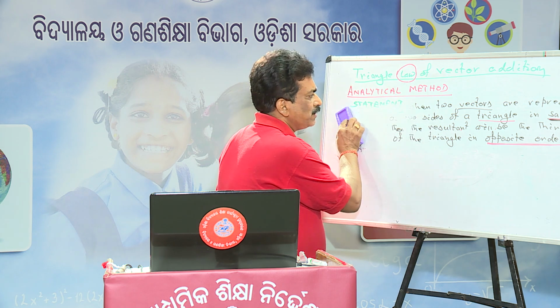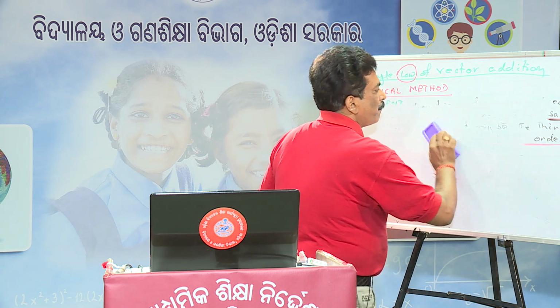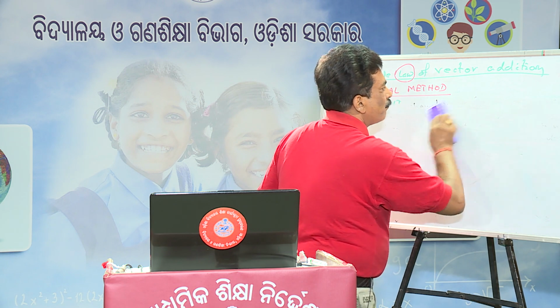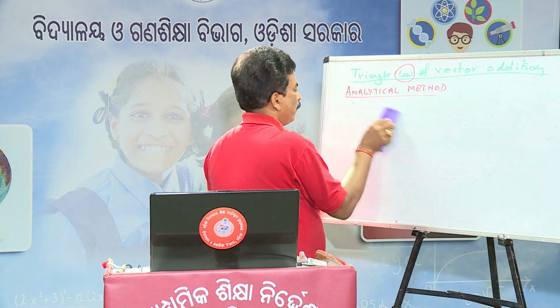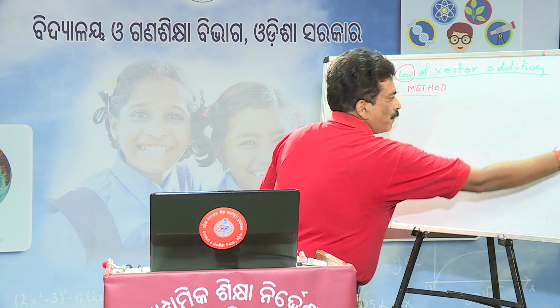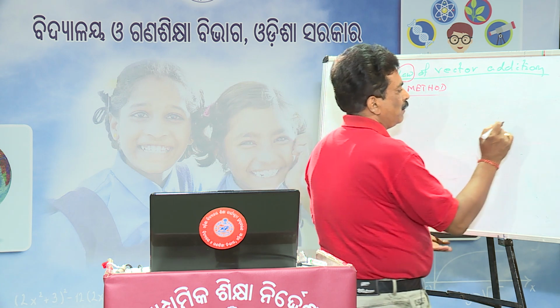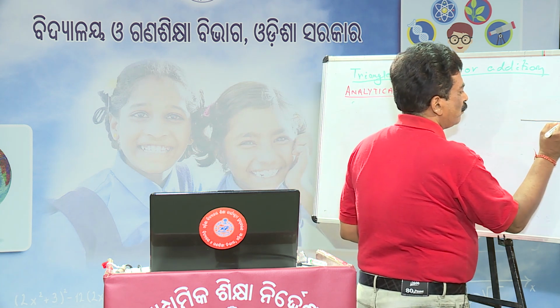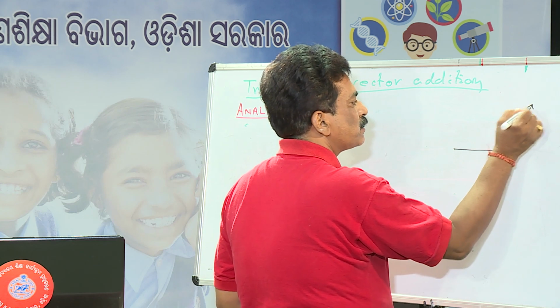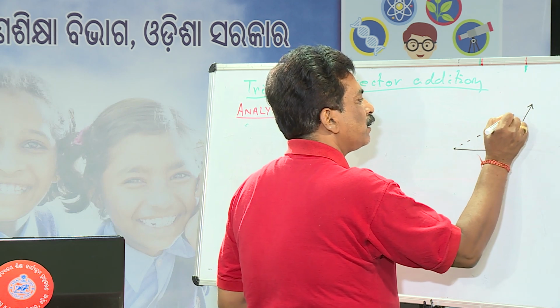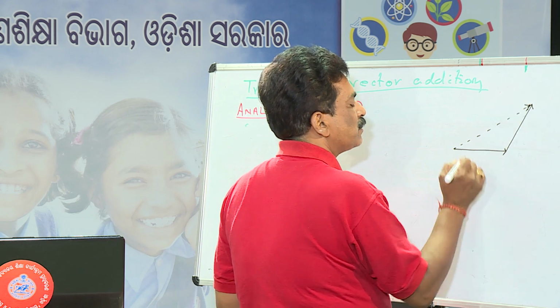So, I am erasing this one. For the analytical method, this is one vector, this is the second vector and this is the final, the resultant vector.